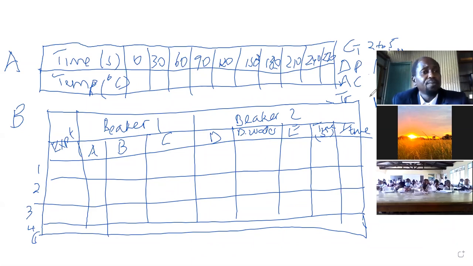And the last mark is called the trend. In any given table of such experiments, there is the expected trend.